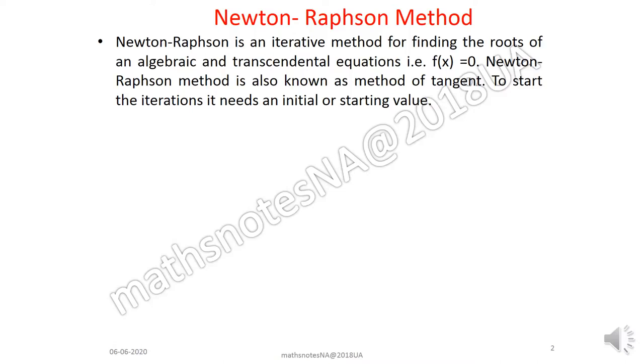To start the iterations, it needs an initial or starting value. Convergence or divergence of the method or result depends on the initial or starting value. Selection of initial value, that is x0.